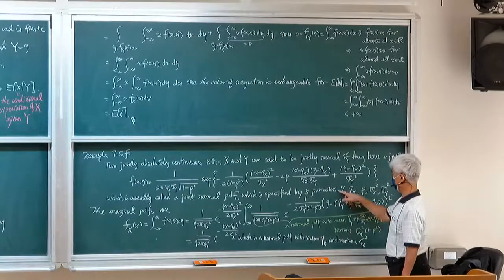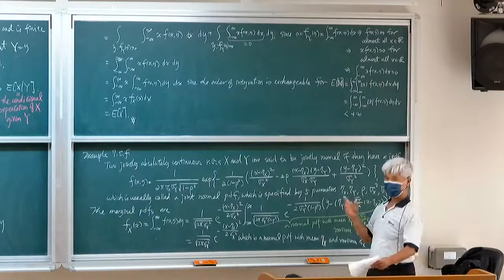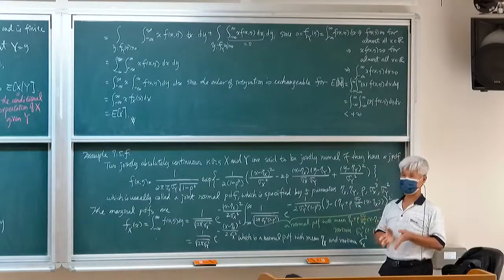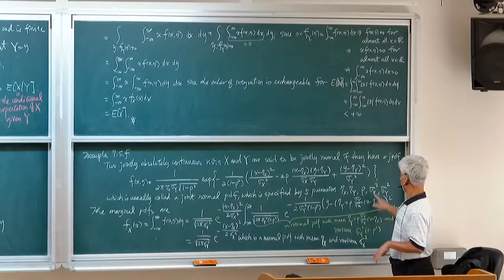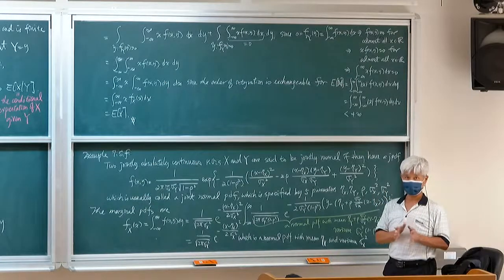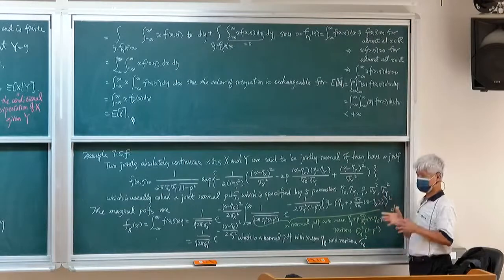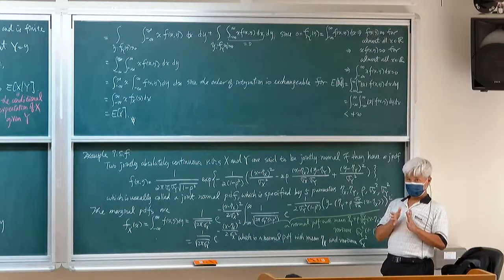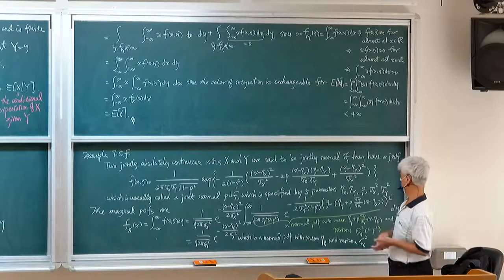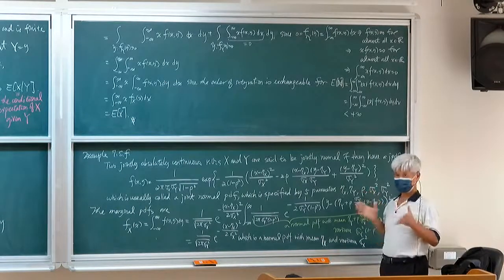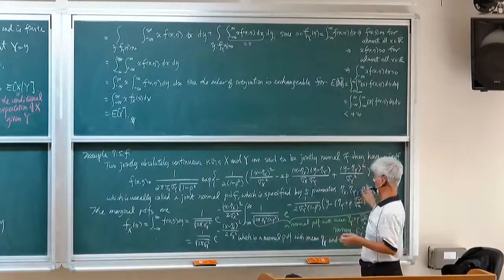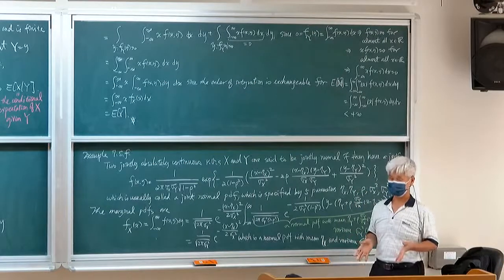Eta x is the expectation of random variable X. Eta y is the expectation of random variable Y. Sigma x square is the variance of X, and sigma y square is the variance of random variable capital Y. So it remains rho. What is the meaning of this parameter rho?